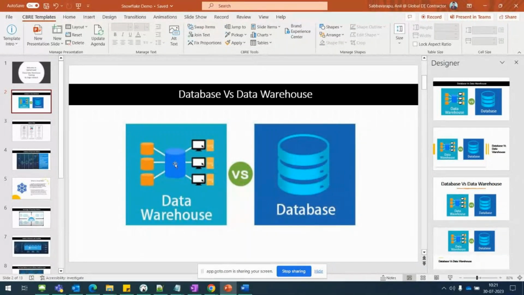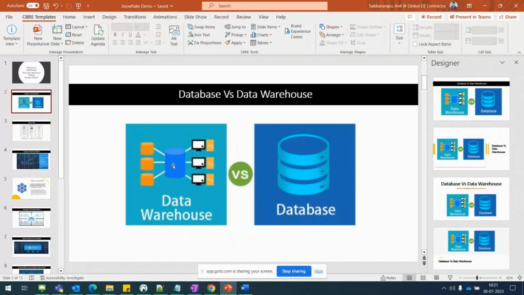an on-premises data warehouse also. When I say on-premises data warehouse, you build a server. See, a data warehouse as well has to be sitting on some particular server, some particular memory, right? So you build your own server.